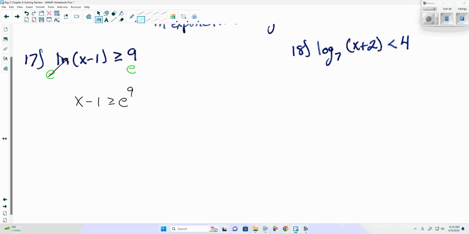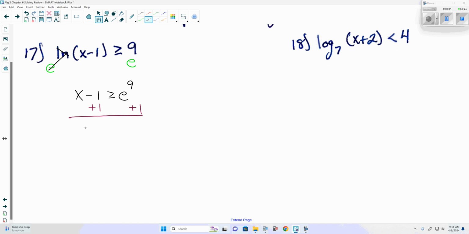If the base is e to a power, we leave it, because e is irrational. No matter how many times we multiply an irrational number by itself, it's still going to be irrational. Now we just need to solve for x. So we can add 1, telling us x is greater than or equal to e to the 9th plus 1.